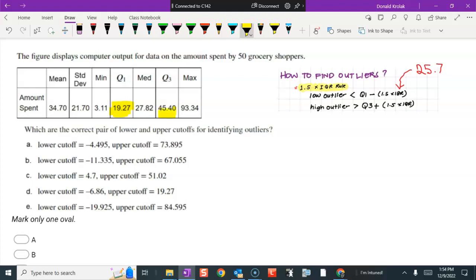Okay, the IQR is the difference of these two. So however far these are apart, that is your IQR. All right, so let's calculate that first.